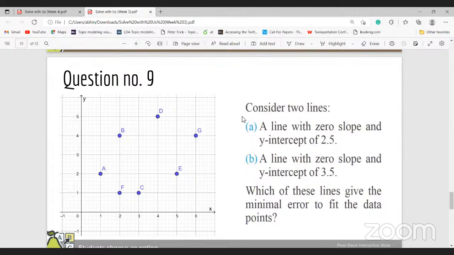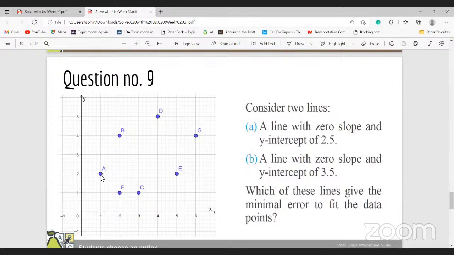So for the first line y equal to 2.5, and for the next line it will be y equal to 3.5. Okay, then what do you have to do? All these points are given. Yes, sir. Just subtract the distance from line 1 and the distance from line 2. Whichever gives you the minimum is the answer.